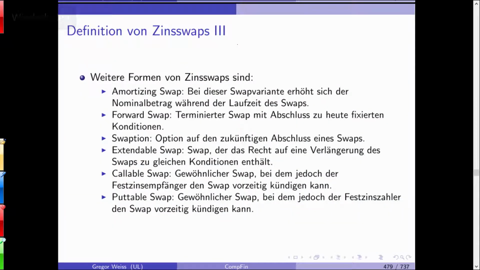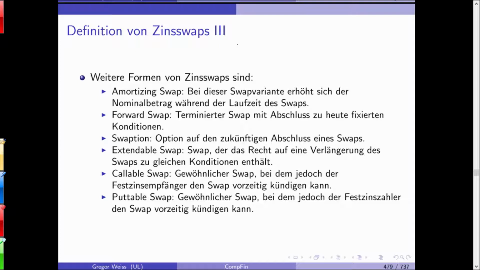Then you can take an interest rate swap, and you can distinguish several varieties and variants of such an interest rate swap. For example, you can look at an amortizing swap, a forward swap, a swaption, an extendable swap, a callable or a puttable swap.